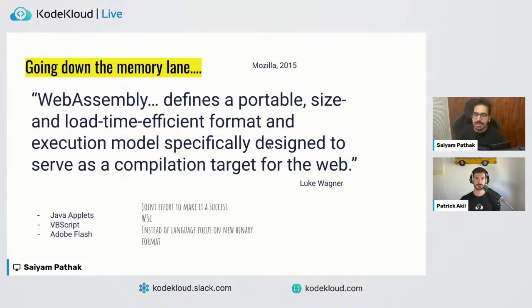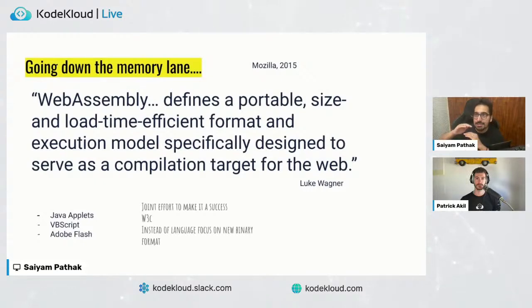So going down memory lane, I would like to read this definition by Luke, and this is coming from 2015. WebAssembly defines a portable, size and load time efficient format and execution model specifically designed to serve as a compilation target for the web.